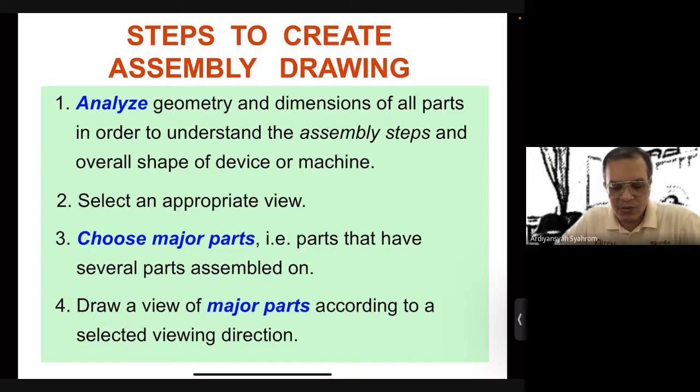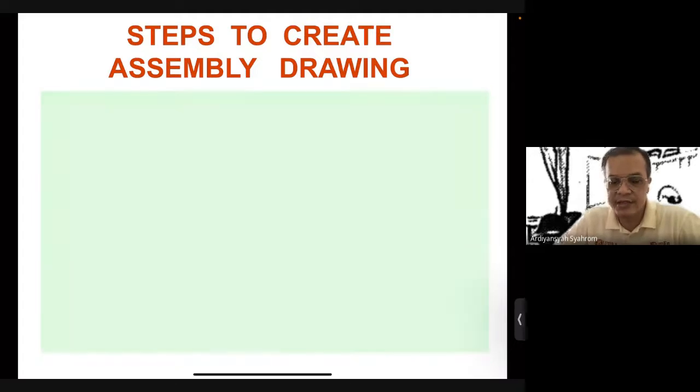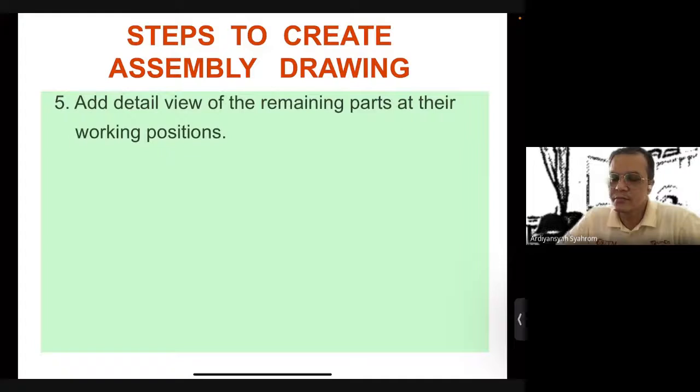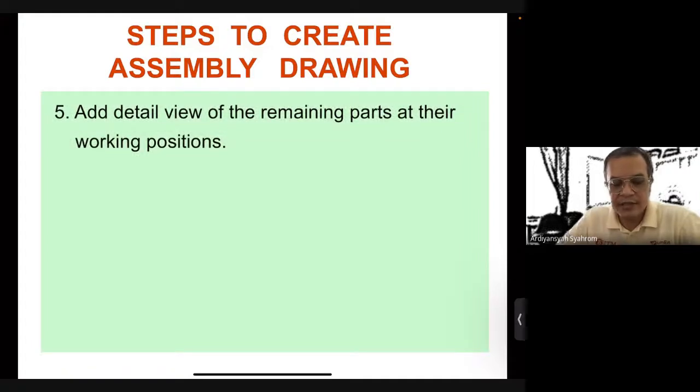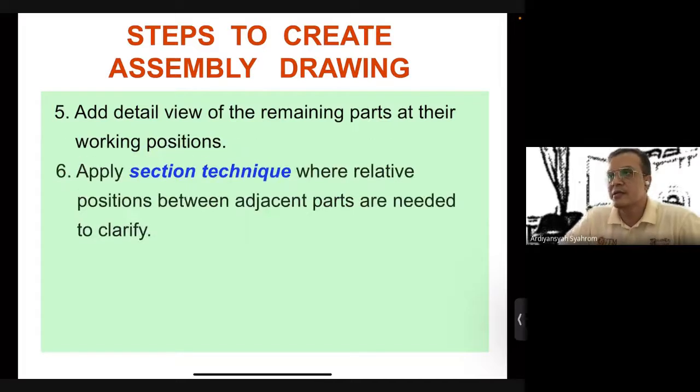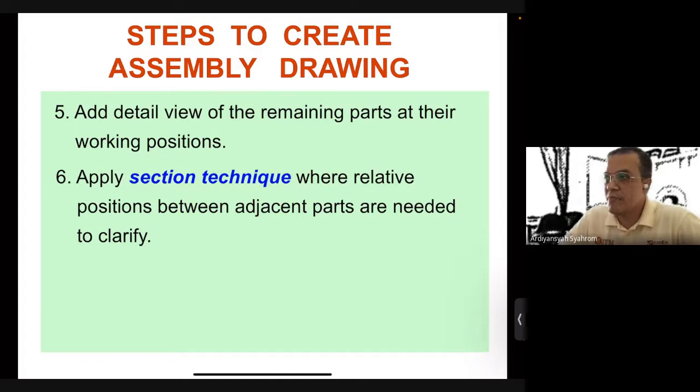Fourth is draw a view of major parts according to the selected view direction. Five is detailed view of remaining parts in their working position. Six is apply technique where relative position between adjacent parts are needed to clarify.